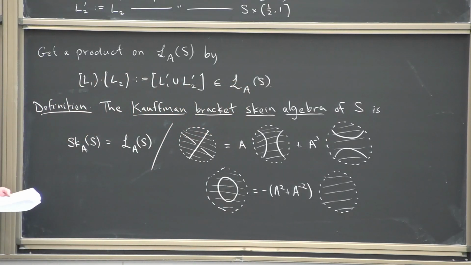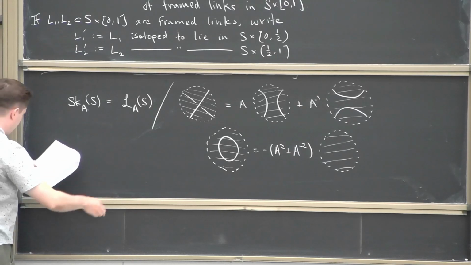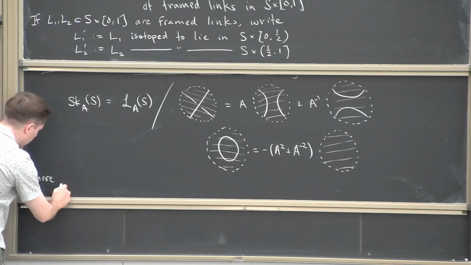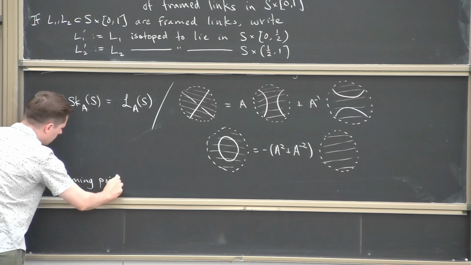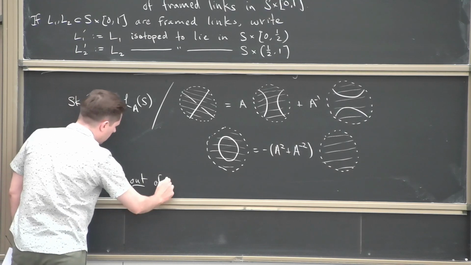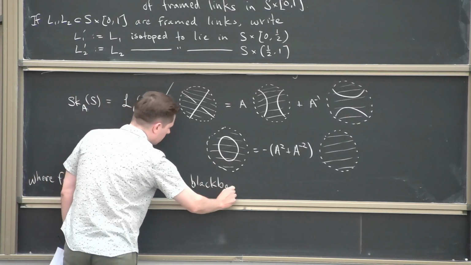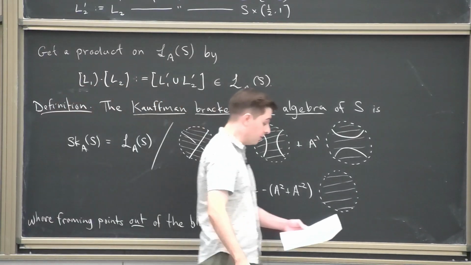This is a definition of the Kauffman bracket skein algebra. And I should mention here, because these are framed links, I should say what the framing is. So when I draw pictures like this, I assume that the framing points out of the blackboard. Okay, so that's the definition of the algebra.